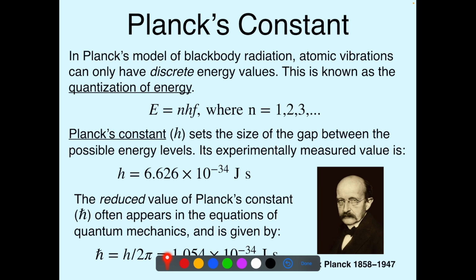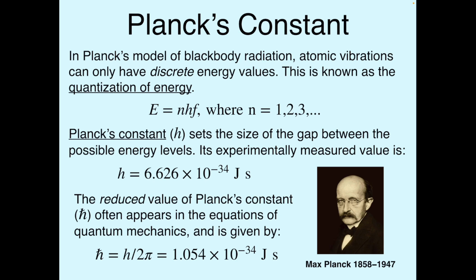So the gap between energy levels is just h times f. So h is setting the size of the gap between the energy levels. All right. This constant was experimentally measured to have the value 6.626 times 10 to the minus 34. And the units here are joules times seconds, okay?